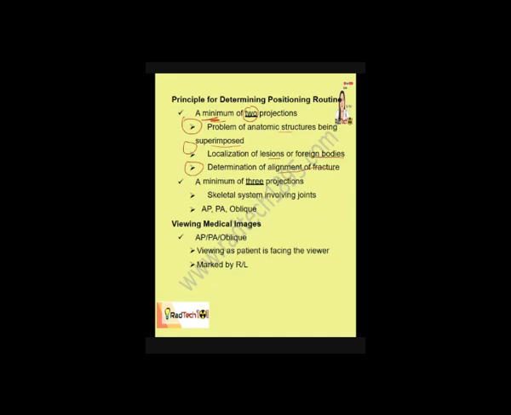So meron namang examinations na nagre-require ng at least 3 projections. This is when examining the skeletal system involving the joints, and when it is required to have an AP, PA, or oblique projection. For viewing medical images, so sometimes ito yung tatlo ang dapat tingnan.